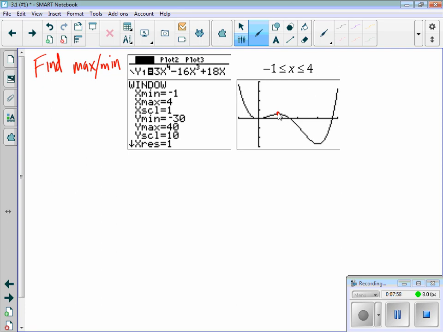So this here is a local max value of 5. I know that would be kind of hard to tell based off of this. And then I'm just going to say it happens at x equals 1. So I'm answering both pieces to the question there, what the value is and what the x value is where it occurs.